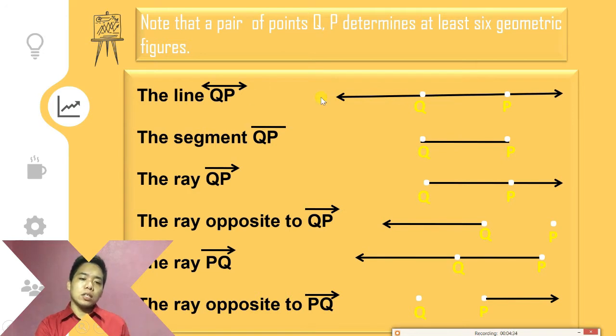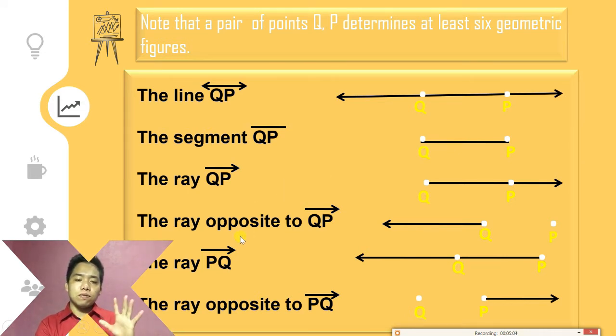Second, the segment QP, connecting points Q and P. Next, we can form the ray QP, connecting points Q and P and extending right infinitely. Fourth, the ray opposite to QP will start at Q and extend left infinitely.